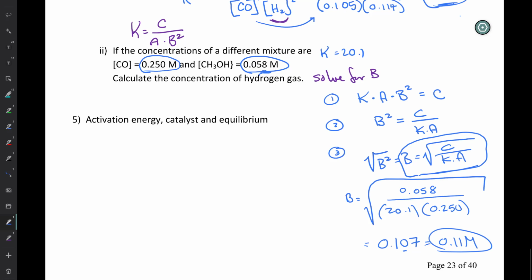All right, so last thing to talk about is activation energy, catalyst, and how those affect the equilibrium. So we talked about rates of reactions, and activation energy is associated with the rate of a reaction. What a catalyst does is it lowers the activation energy.